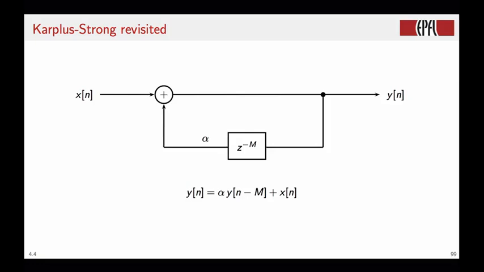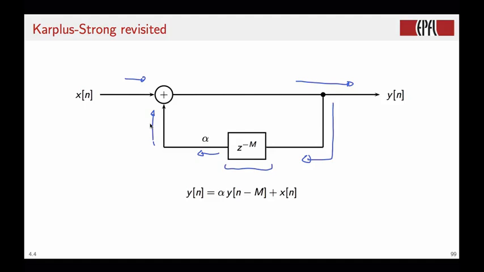You remember how the Karplus-Strong circuit works. You have an input, you have a delay line of length M, and an attenuation factor alpha. As the samples go in the circuit, they get pushed out to the output, and they also get pushed to the delay line. They are stored here and output at the other end of the delay line after M samples, where they get attenuated by a factor alpha and summed to the current input.